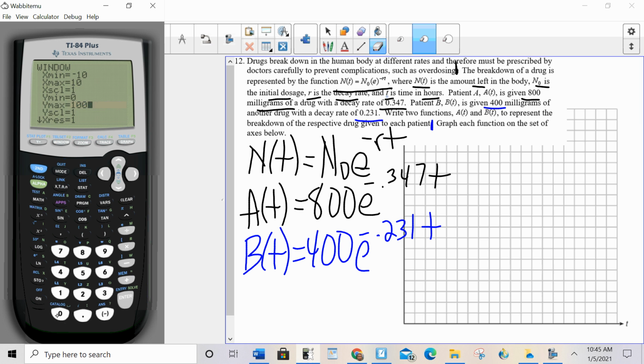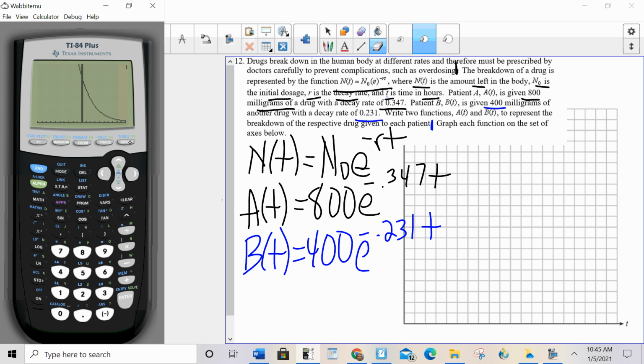Let's just see if that makes things better. Also, if you want to use a little bit of common sense, being how the y-intercepts are 800 and 400, maybe making it a little bit bigger than that would be a good choice. So I'm actually going to change it to 1,000, which is a little bit bigger than 800, which is the biggest y-intercept. And since they're both decaying, that should give me a better picture.